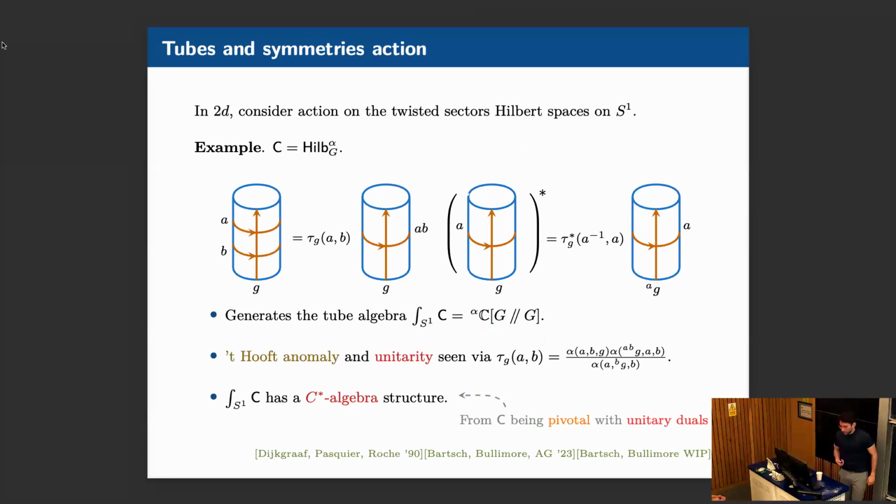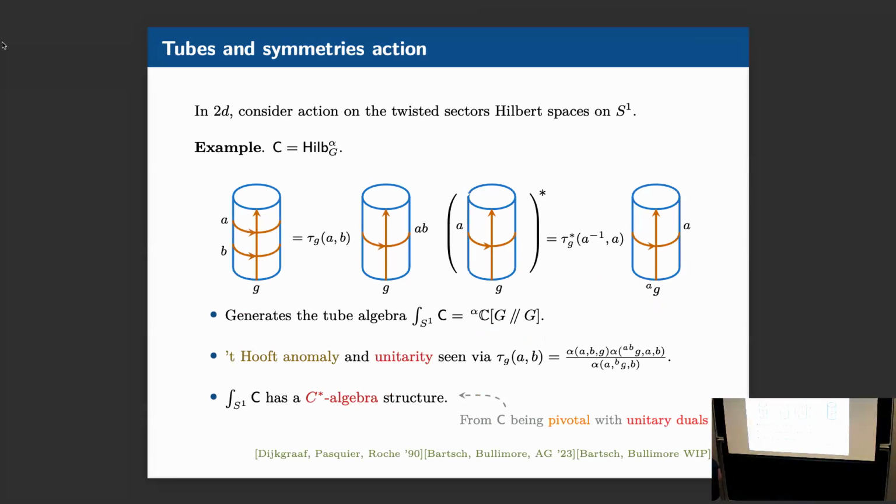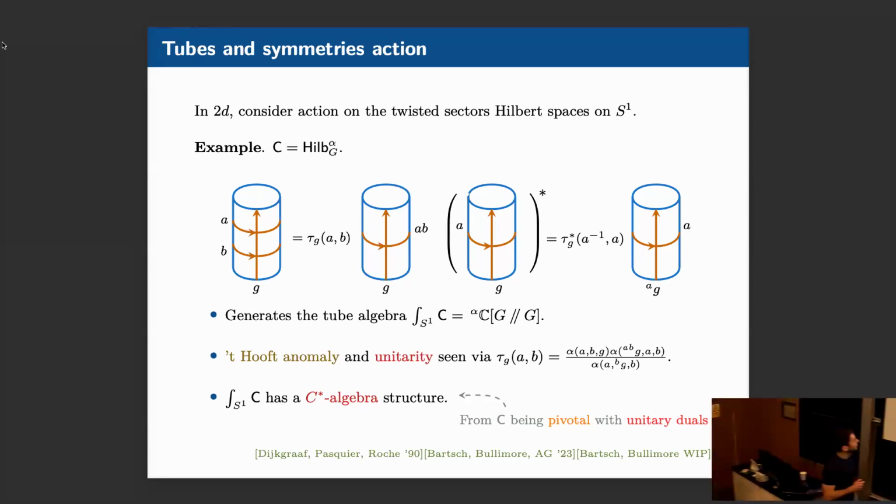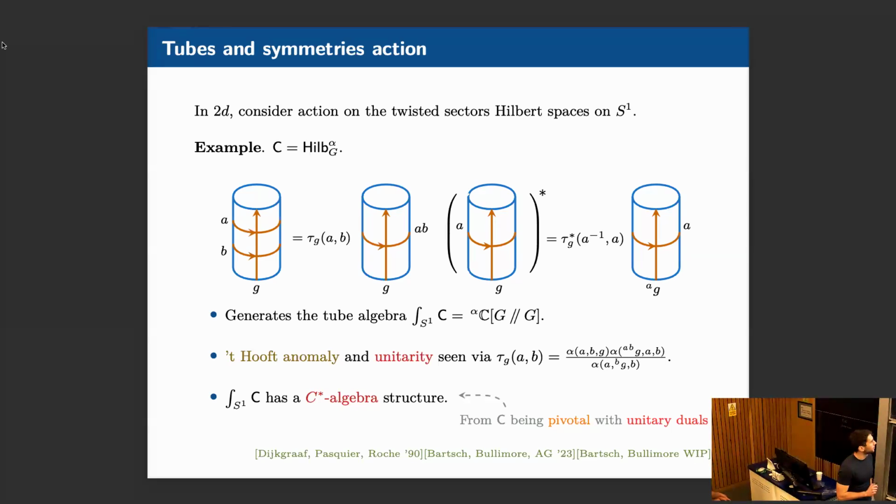I want to comment on the fact that now we can ask how this symmetry acts on the local operators. Since we know that in general we have categorical symmetries that may interact with different twisted Hilbert sectors, to see how our fusion category may act, we start to look at the actions on these twisted sectors of Hilbert spaces on S1.